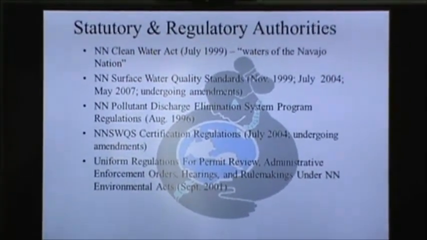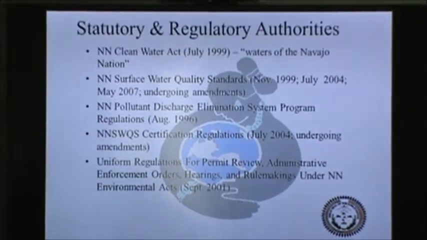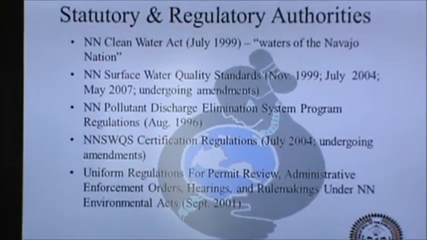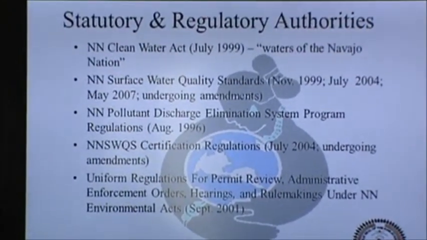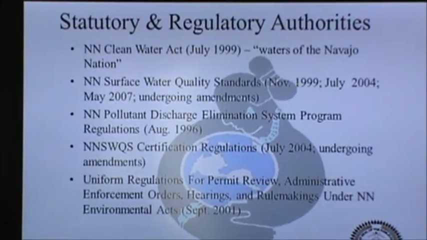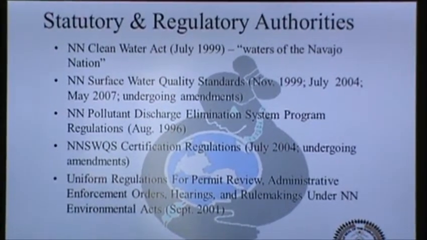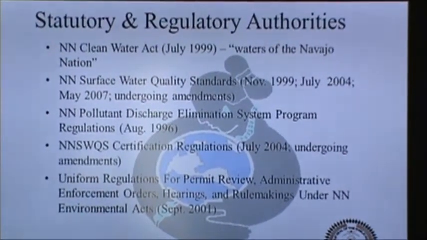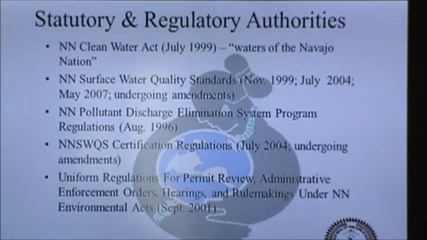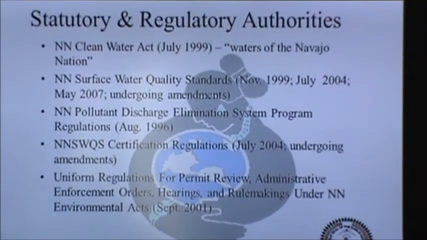For our program, these are the statutory and regulatory authorities that we have developed. The primary one is the Navajo Nation Clean Water Act, which is the overall statutory authority for our program. It was passed in 1999 by the Navajo Nation Council. They said that we should develop these regulations.